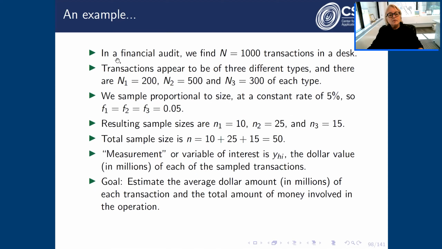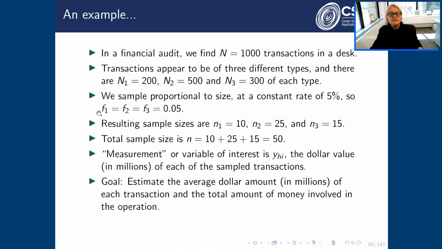So here's a little example. Let's suppose we're looking at financial audits, and in a desk we find 1,000 transactions, and the transactions appear to be of 3 different types. Let's suppose real estate, futures, something else. Out of 1,000, there are 200 of type 1, 500 of type 2, and 300 of type 3.